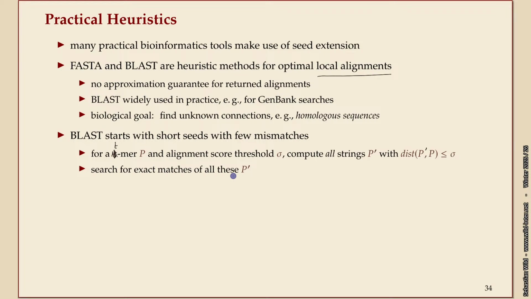That's what this BLAST heuristic is using. And that's still the gold standard for people to search in these databases of known sequences. So they seem to have accepted the fact that this may be a heuristic in that it doesn't necessarily find all matches, but it's the thing that is fast enough to scale to the size of data sets people have.